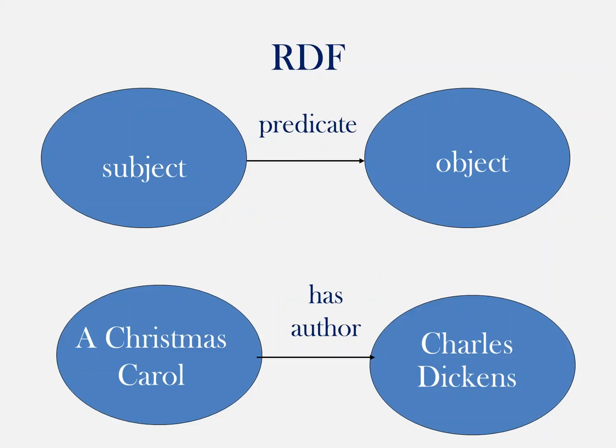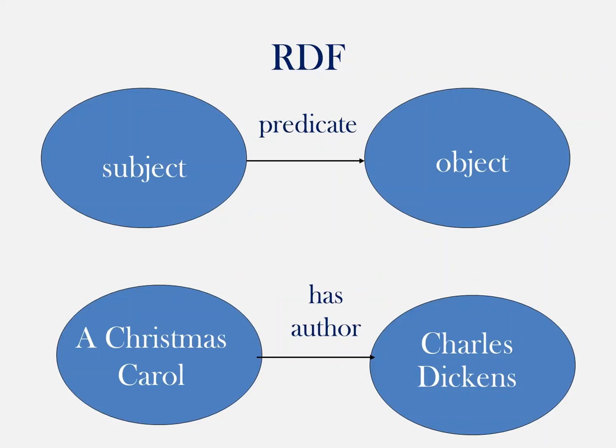This is basically what the triples look like. They have, like I said, three parts: subject, predicate, and object. The subject and the object are the entities that you're linking together, and the predicate is the relationship between them.